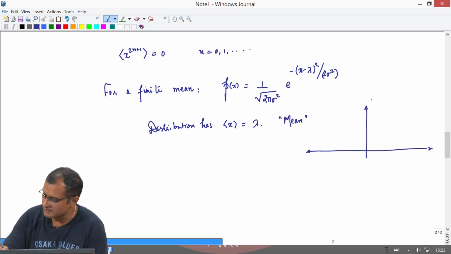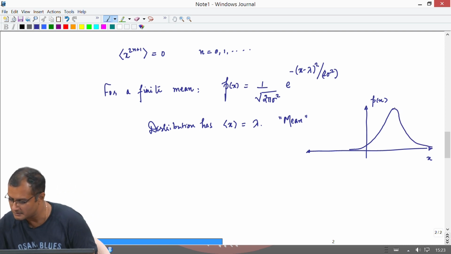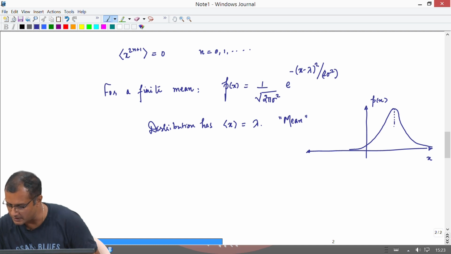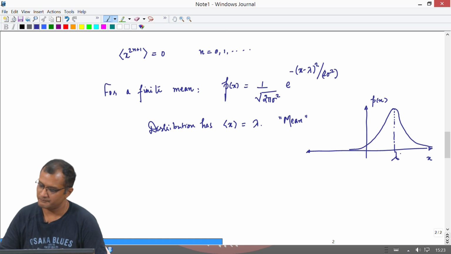Okay. So, you can sketch this distribution. P of x as a function of x would be a Gaussian distribution, which means it will extend up to infinity on both sides around the mean. So, this would be the location of the mean lambda.